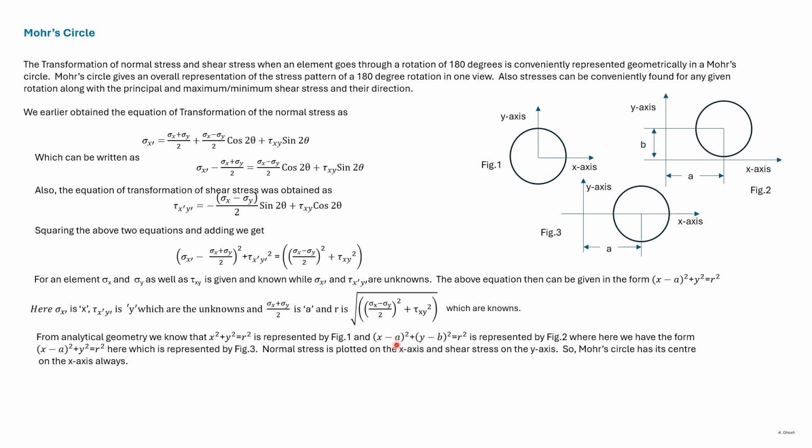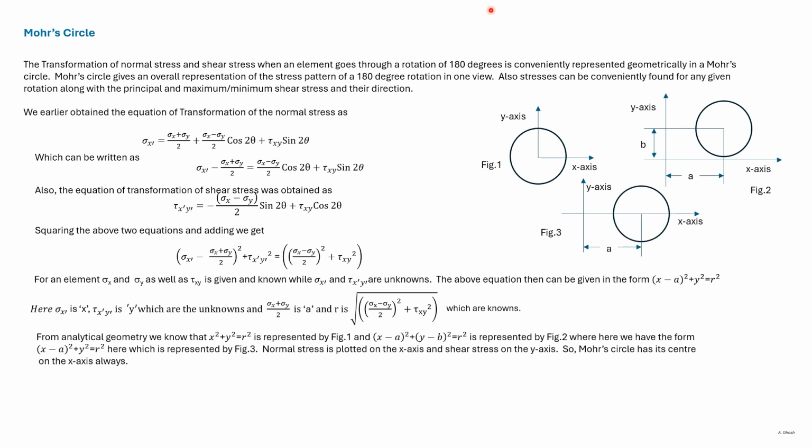If the center is at A and B, then this is the expression of the circle. This is the expression of a circle where B is 0. So with B as 0, the center of the circle lies on the x-axis.